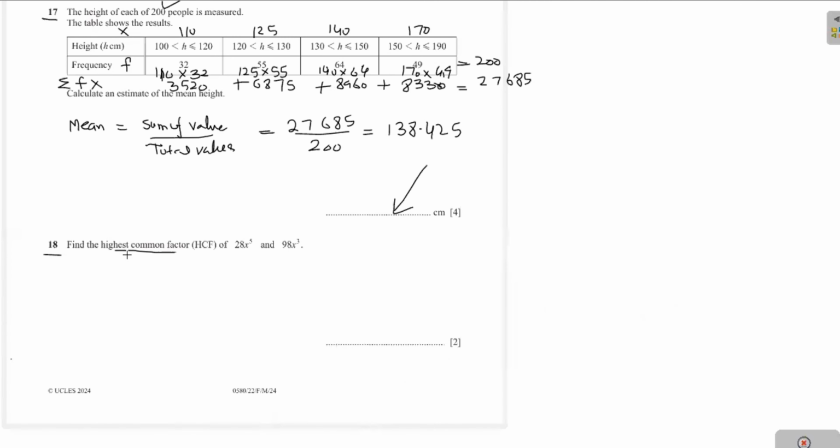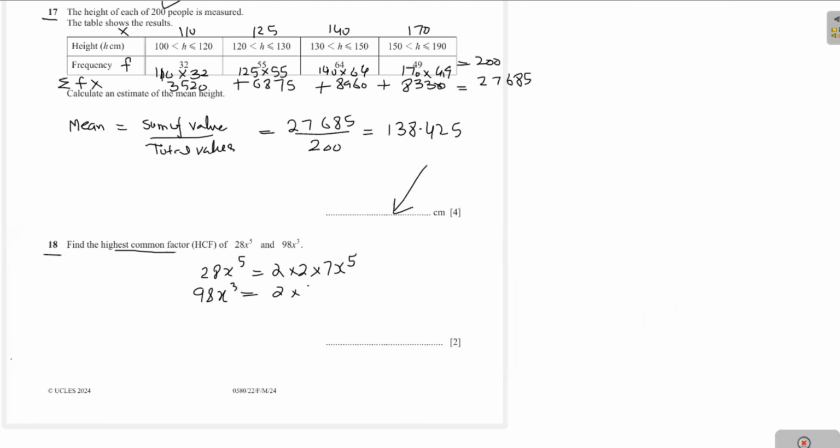Question number 18, find the HCF of 28 x power 5 and 98 x power 3. We can write 28 x power 5 is 2 into 2 into 7 into x power 5. And next we can write 98 x power 3.